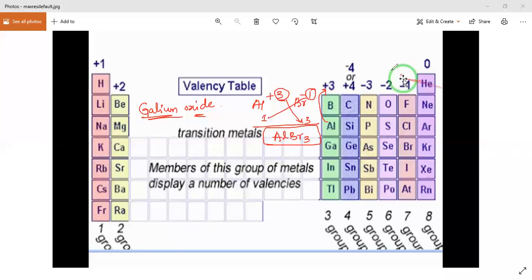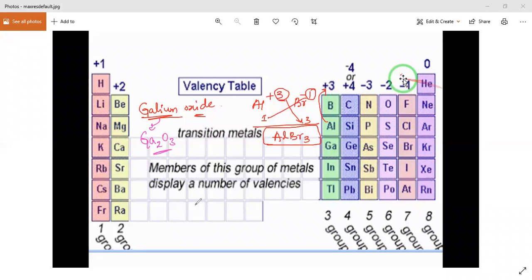Gallium oxide, GaO2, sir, Ga2O3. The answer you didn't send till now. Wrong. Have you got Ga2O3?